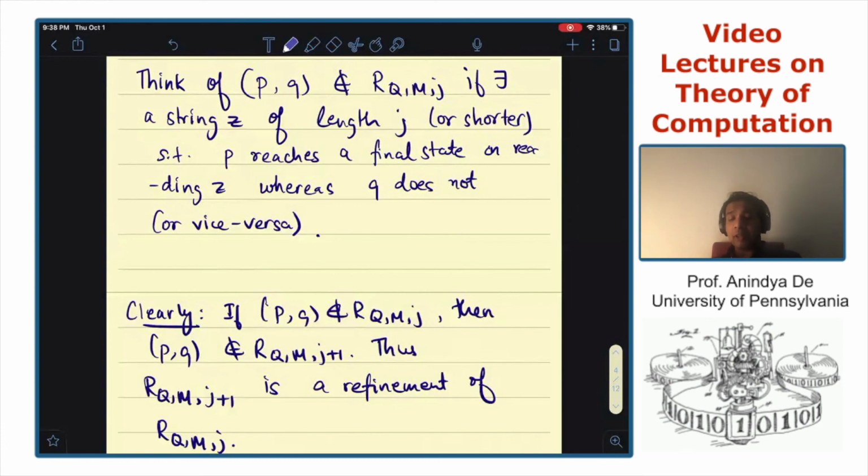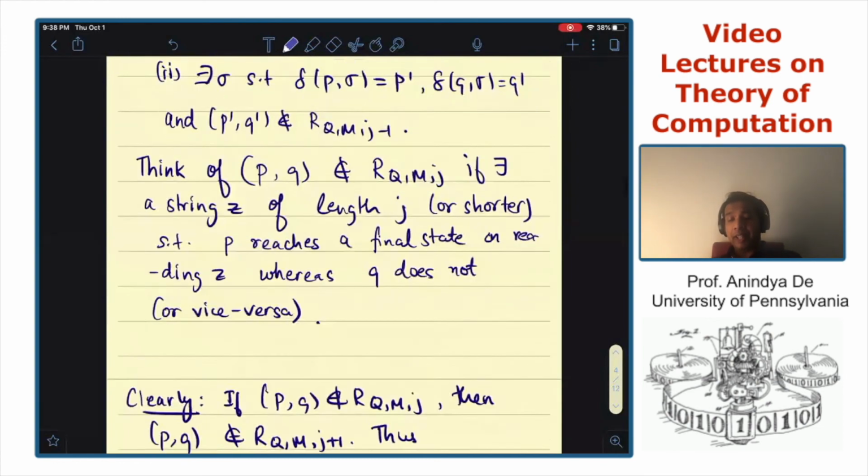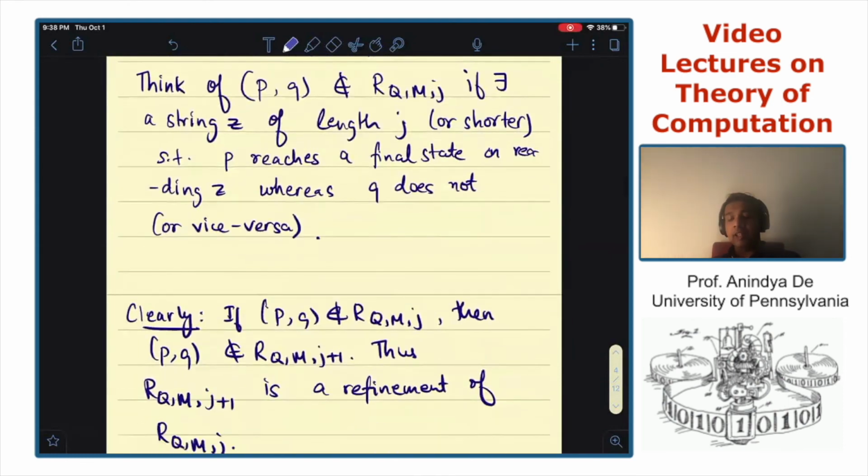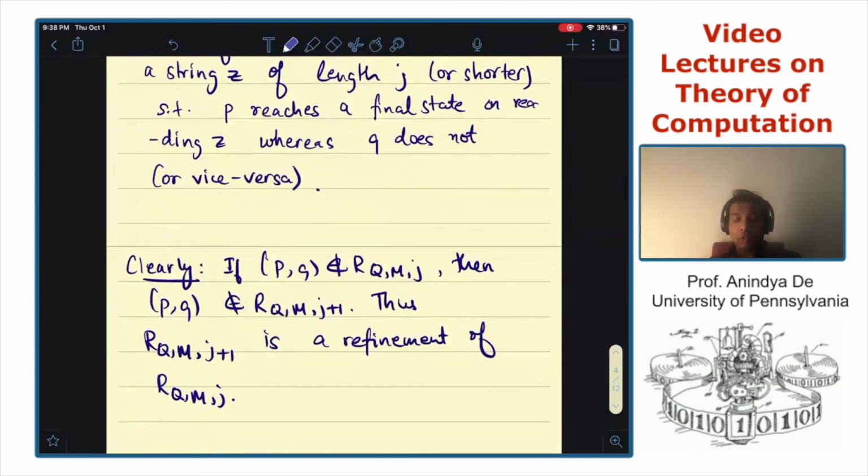Whenever two states are in different equivalence classes with respect to R_{Q,M,J}, they are also in different equivalence classes with respect to R_{Q,M,J+1}, and hence inductively in every R_{Q,M,K} for K bigger than J. So R_{Q,M,K} is a refinement of R_{Q,M,J} for any K greater than or equal to J.